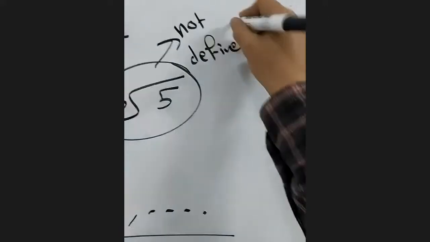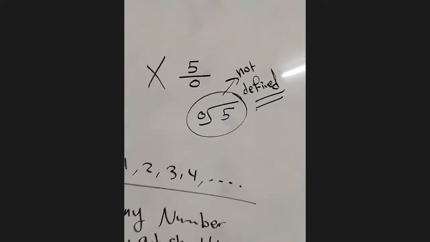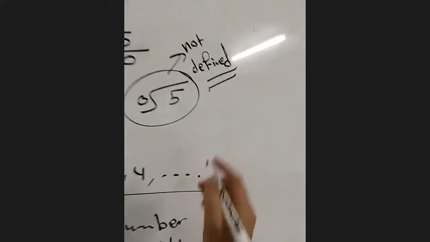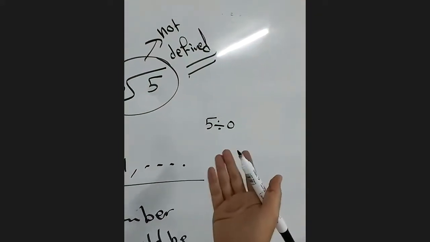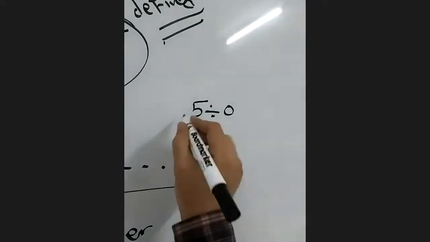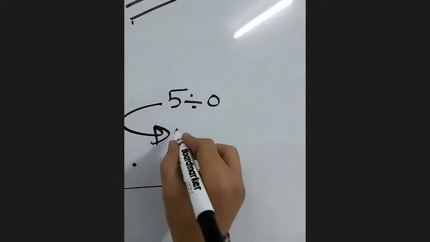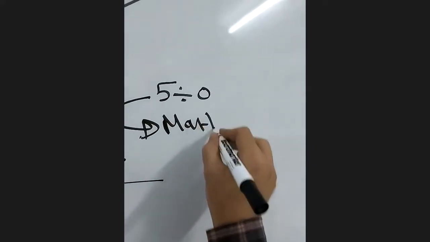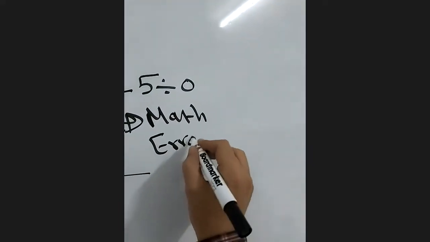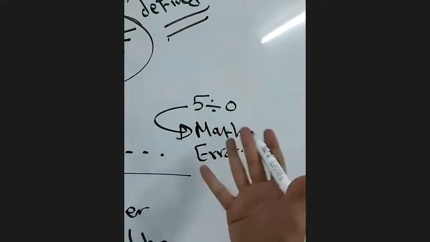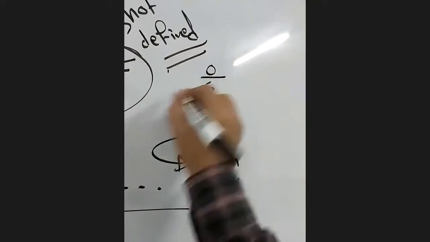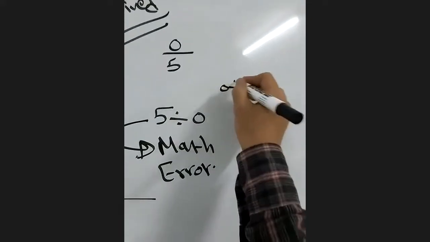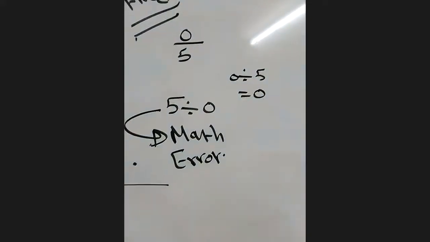Not defined means if you go to the calculator and you put 5 divided by 0, the calculator will tell you that this is, we call it math error. It's not acceptable, okay? But 0 over 5, which is 0 divided by 5, we know that it's always 0.